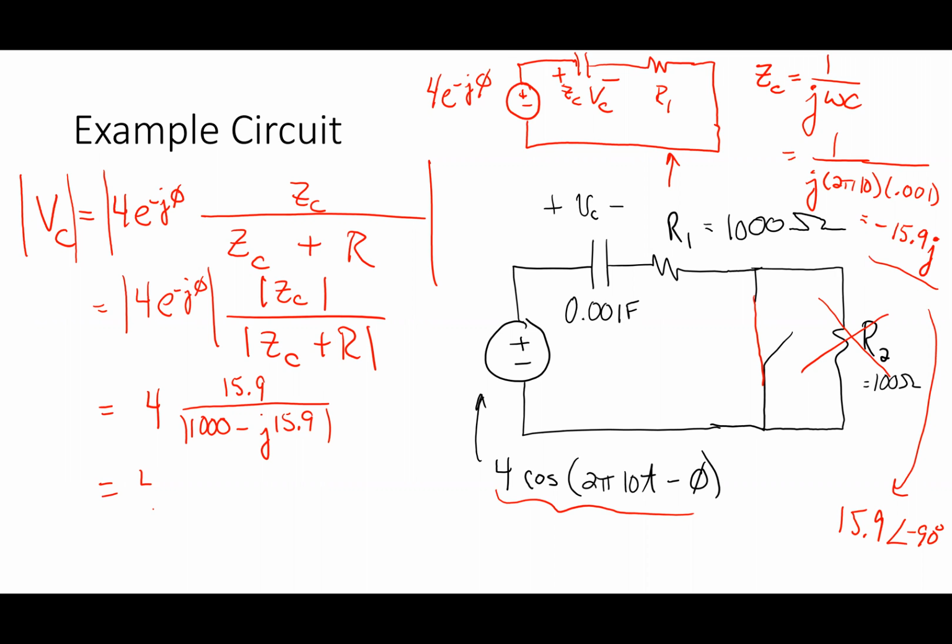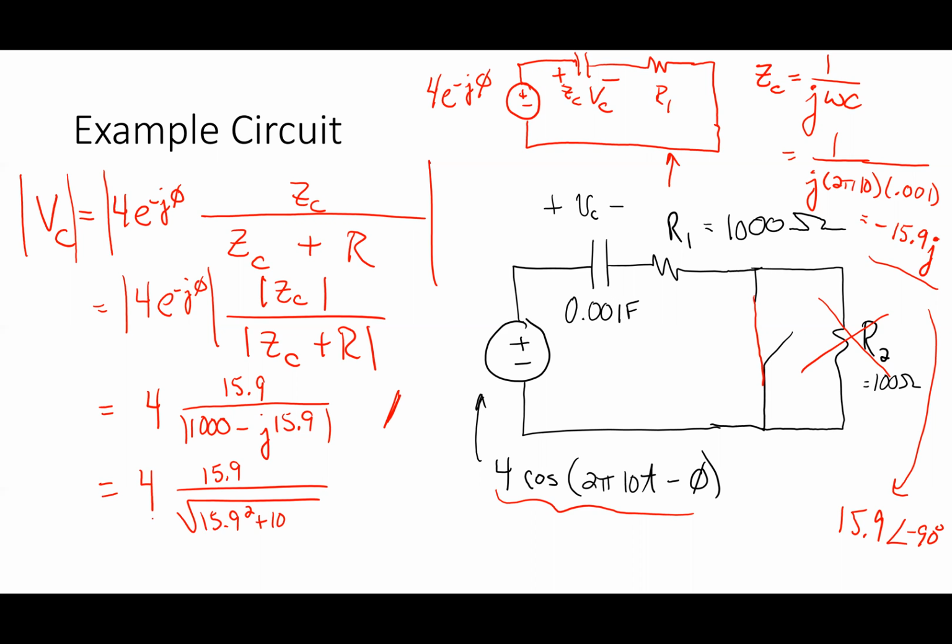So this becomes 4 times 15.9 divided by the square root of 15.9 squared plus 1,000 squared. I don't know what's going on with my screen here. Imagine 1,000 squared written there. It's not letting me write down there for some reason today, but you should see the approach.